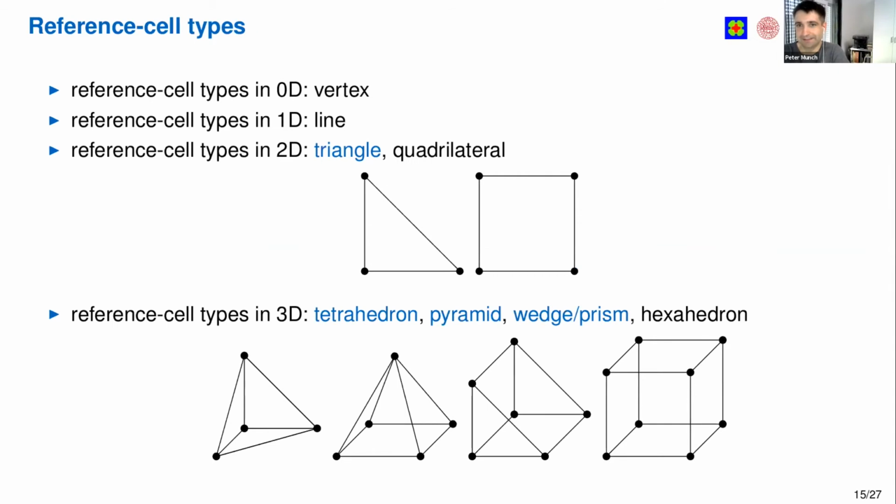Essentially that means that deal.II now has, alongside vertices, lines, quadrilaterals and hexahedrons, also triangles, tetrahedrons, pyramids, and wedges as cell types. These last two are especially for the purpose if you want to have mixed meshes, so meshes which contain both tetrahedrons and hexahedrons. And you somehow need to glue together triangles and quadrilaterals, and that's not possible if you don't have these intermediate elements.